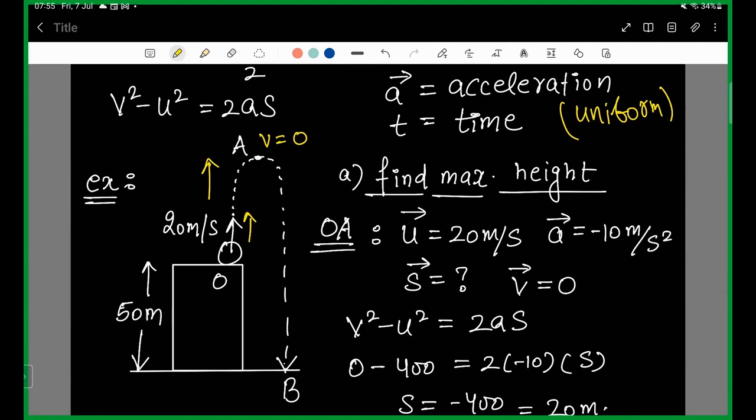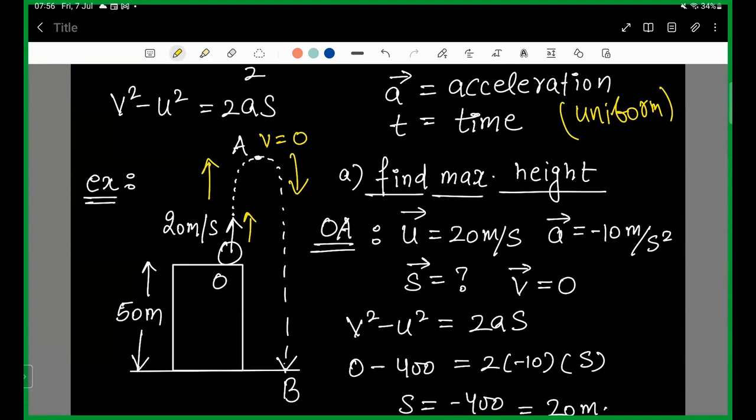Gravity is pulling it down, so the speed will keep decreasing. Ultimately, at the top point, the velocity will become 0. After this, gravity will pull it down and it will start coming down. So this is how our motion will look. Initially we go from 0 to A and then from A to B.